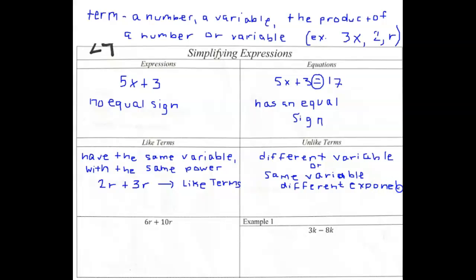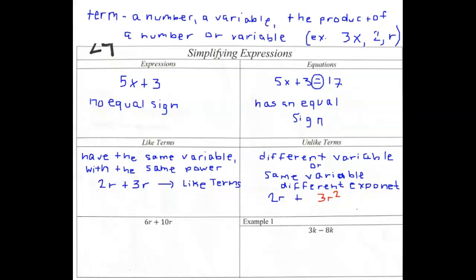Okay, so what do I mean with that? Well, look at this. I said 2r plus 3r are like terms. Those are alike. But guess what, guys? If I said 2r plus, and I'm going to change my pen so you can see the difference, if I said 3r squared, would those terms be alike?